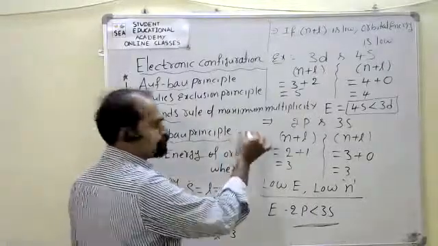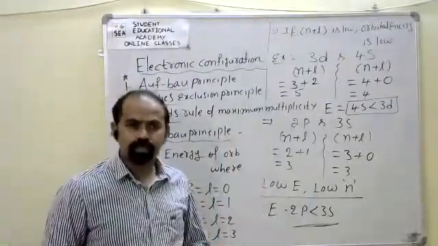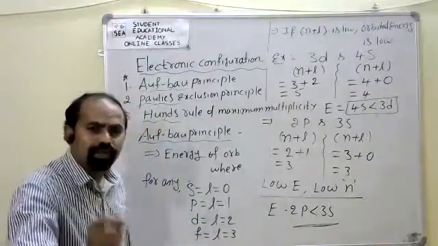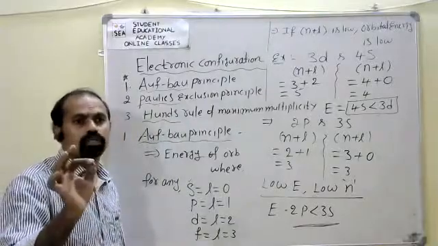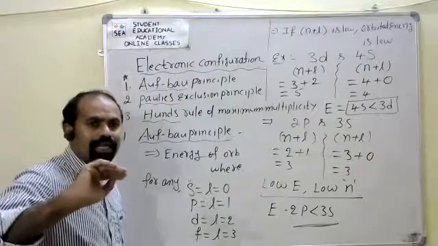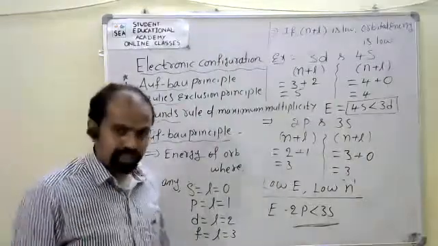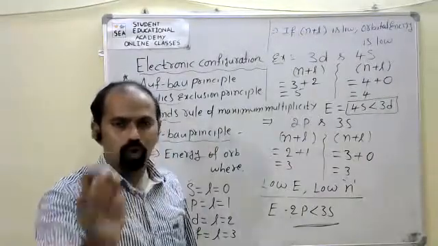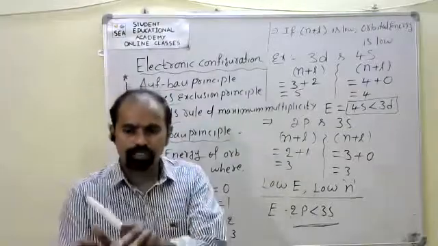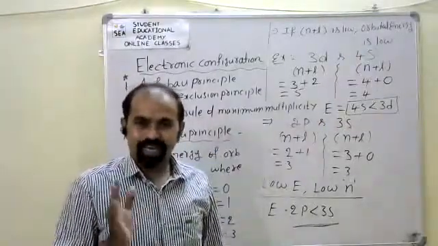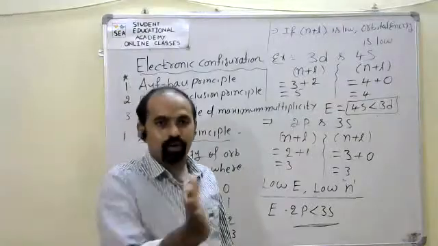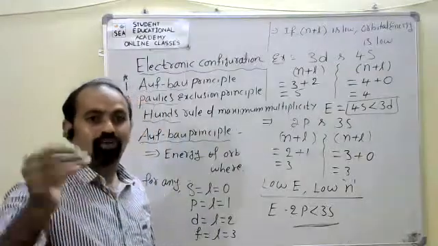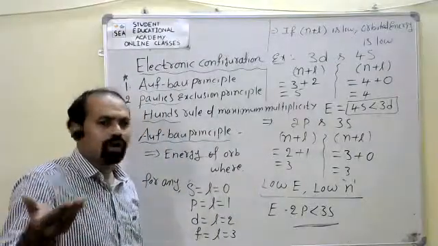According to the Aufbau principle, the electrons are filled into orbitals in increasing order of their energies. What is the meaning of that? The electrons are first filled into the lowest energy orbital, from lowest to highest energy. Okay, how to know the orbitals' energy?